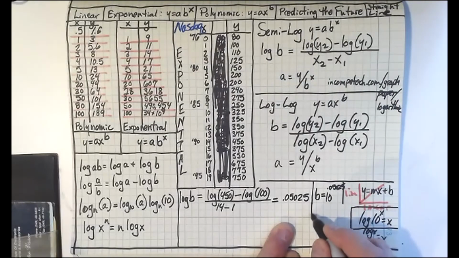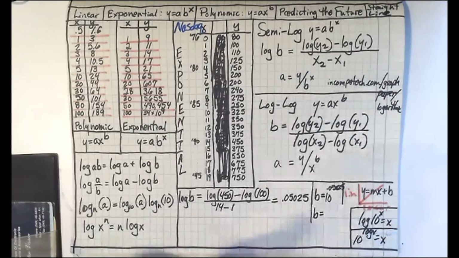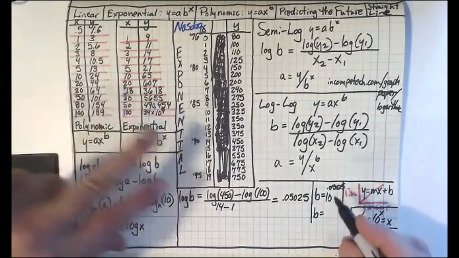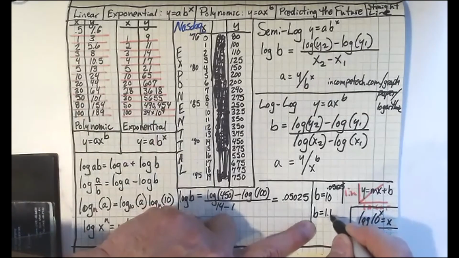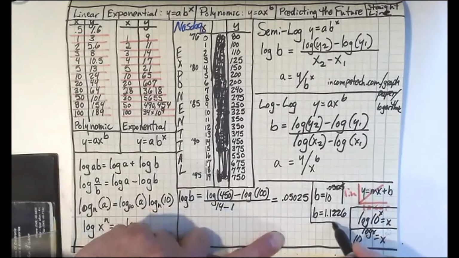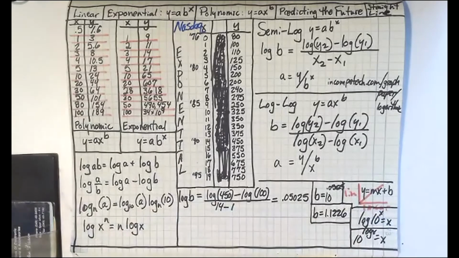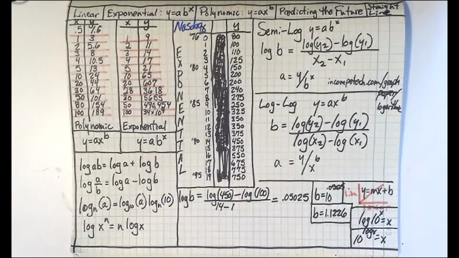That's just going to be 10 to that, which gives me 1.1226. All right. So that's our b for the NASDAQ index. Now, what's our a?